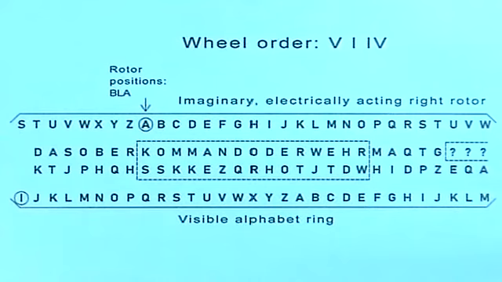The starting position of the right rotor is the letter I and not J, because with the Enigma, pressing a letter key first causes the rotors to continue turning and only then does the permutation take place.